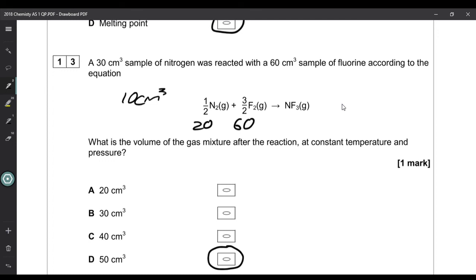So if we've got 20 cubic centimetres of nitrogen gas reacting, we're going to end up with 40 cubic centimetres of NF3 produced. But don't forget we have the 10 left over from the unused N2 gas, which is going to give us our answer of 50.